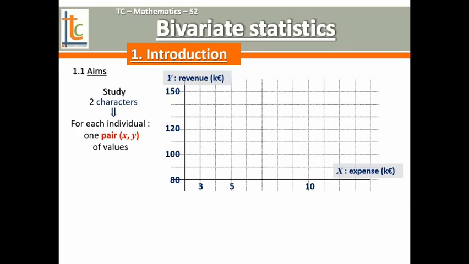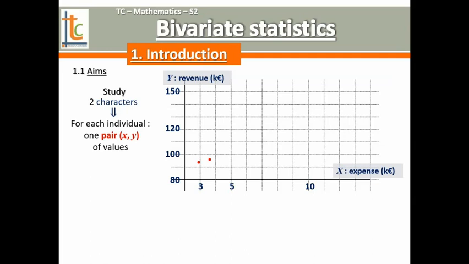So each individual, each company here, can be considered as a pair XY and can be placed somewhere on the graph. For instance, this first point is one company that had an expense of approximately 3,000 euros in advertising and whose revenue was approximately 94,000 euros.